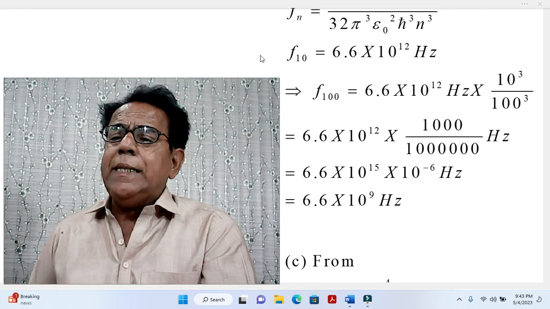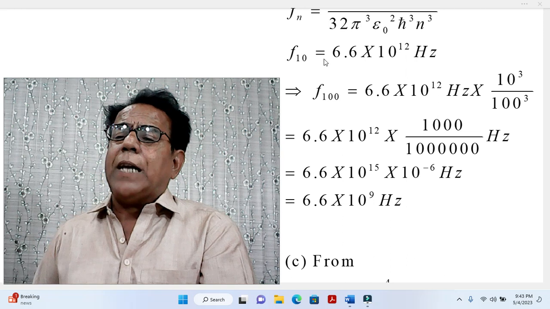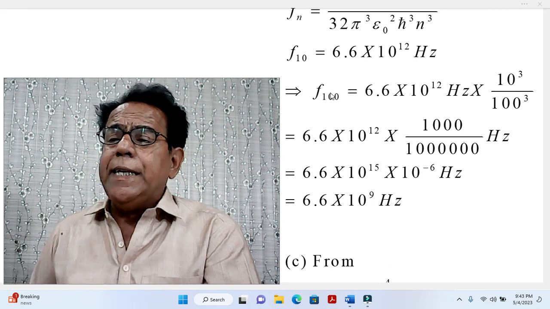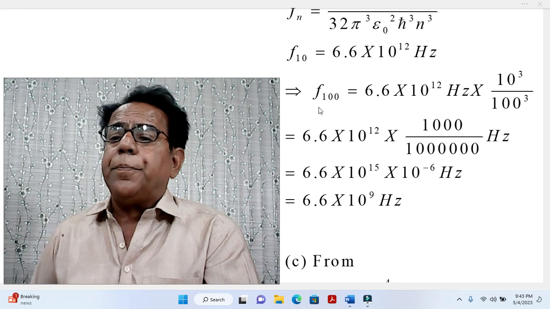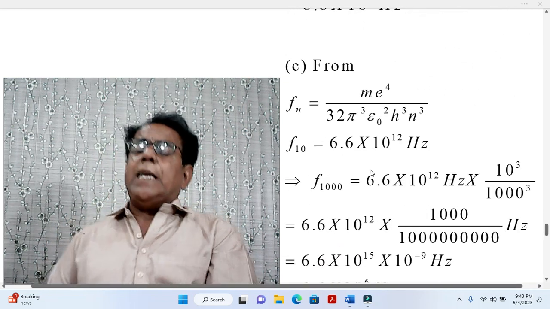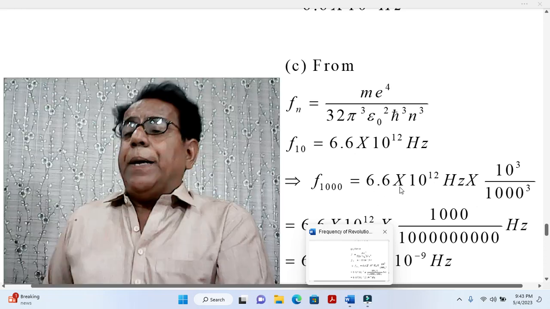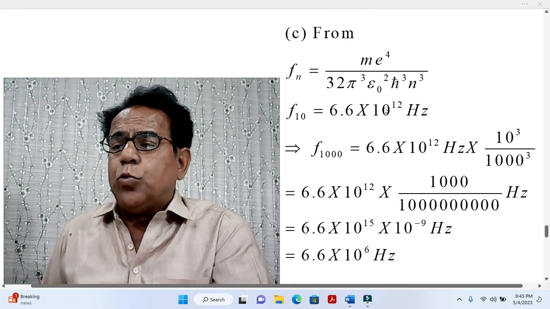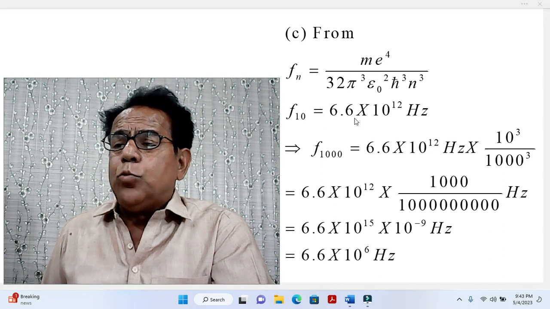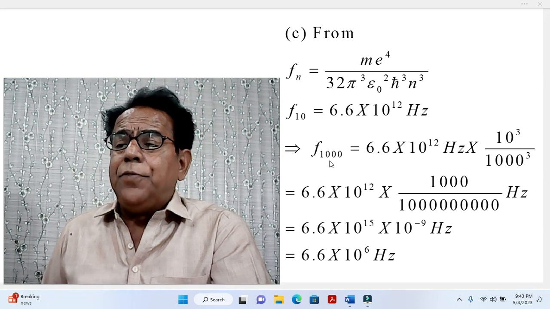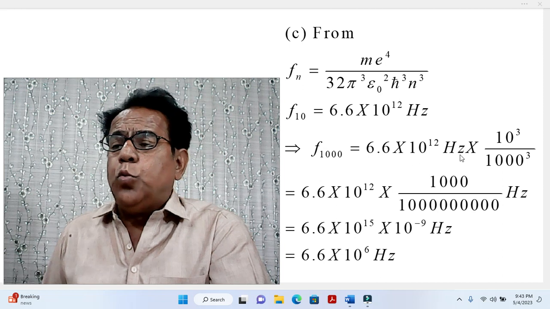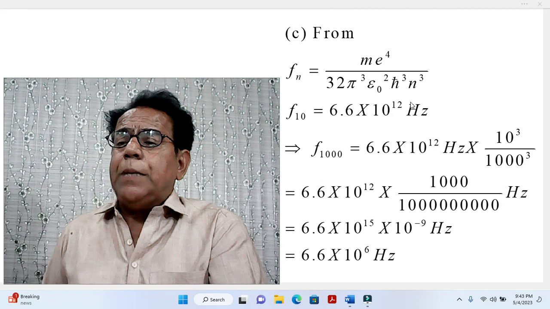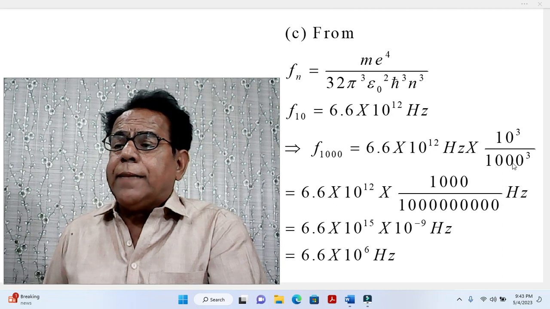We apply the same pattern to part C, in which we need to find F1000. We repeat the same methodology here. We know that Fn is equal to this, F10 is equal to this. When F10 is equal to this, then F1000 will be equal to this multiplied by 10 to power 3, but divided by 1000 to power 3.